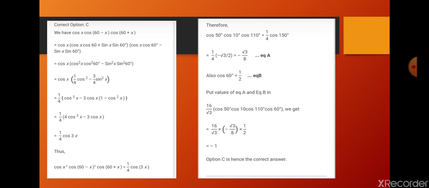Put the values in the expression. Then we have 16 by root 3 into cos 50 into cos 10 into cos 110 into cos 60. We will get 16 by root 3 into minus root 3 by 8 into 1 by 2, which equals minus 1, so the correct option is C.